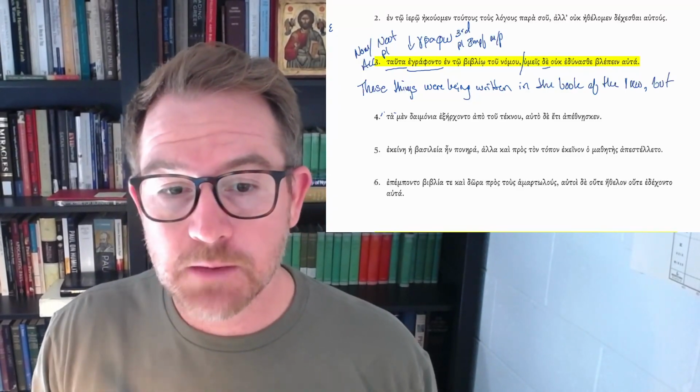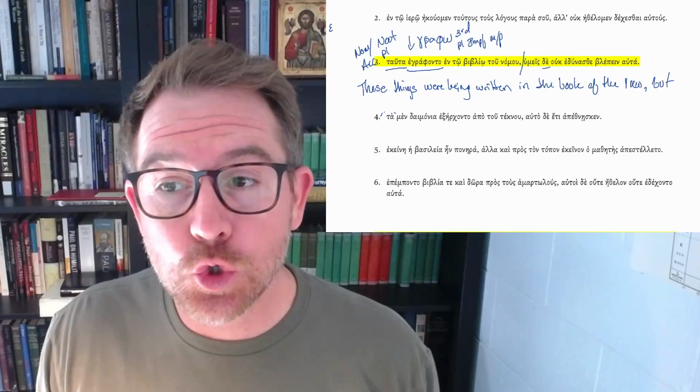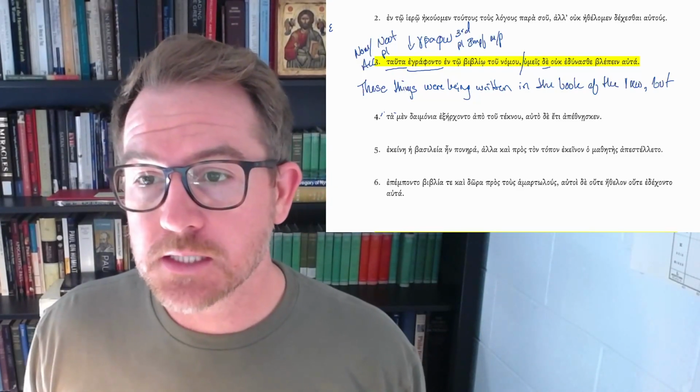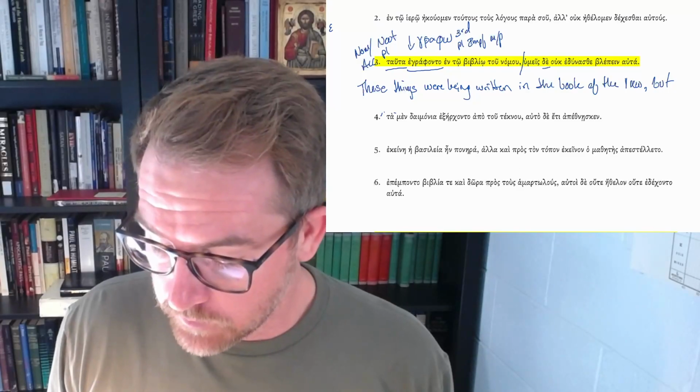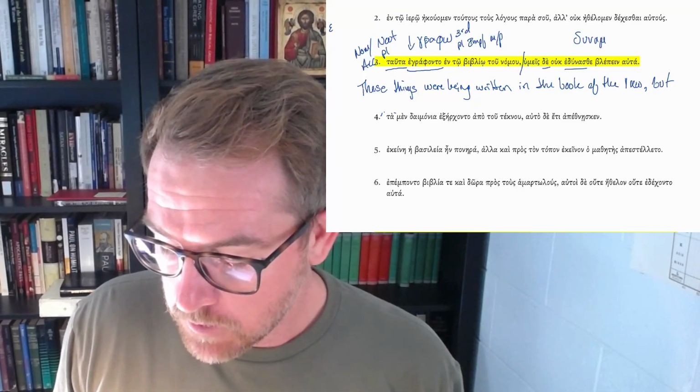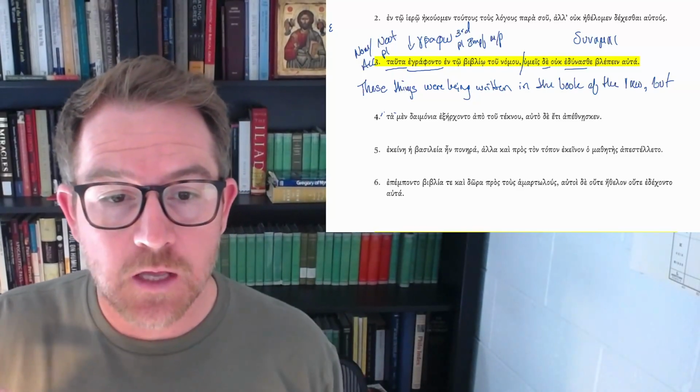Humeis, second person pronoun, you in the nominative. Edunasthe, oh, this is from my verb dunamai, and I know dunamai because of that imperfect middle passive ending in the lexical form.